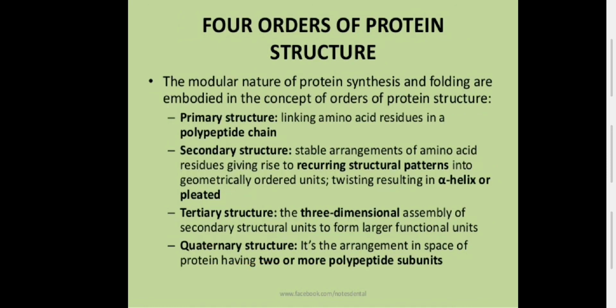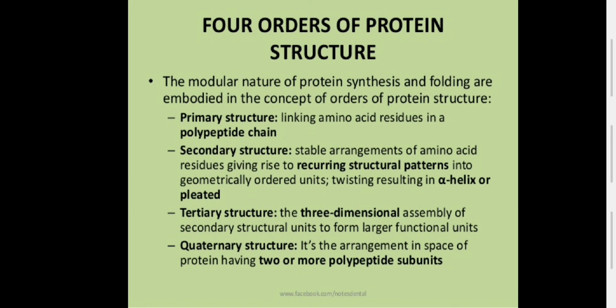So next, aside from those classifications and properties of protein, one of the important functions of protein is, of course, the four orders of protein structure: the primary structure, the secondary structure, the tertiary structure, and the quaternary structure.